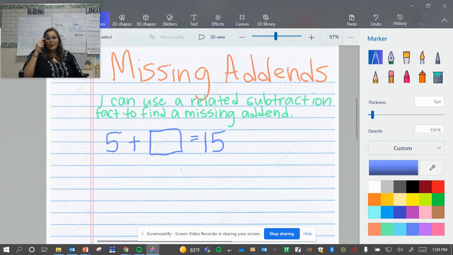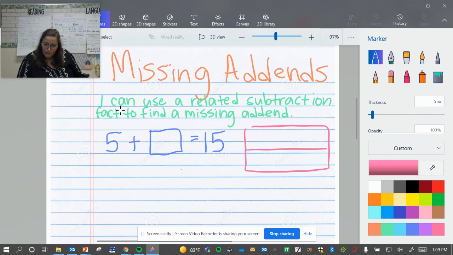You may know it off the top of your head, but this is going to be helpful for when you don't know it off the top of your head. So here's what we're going to do. We're going to make a little part whole box over here, right there. What is my whole in this sentence? It's the sum, which is that 15 right there.